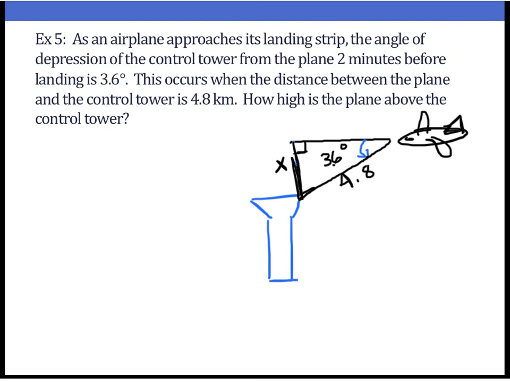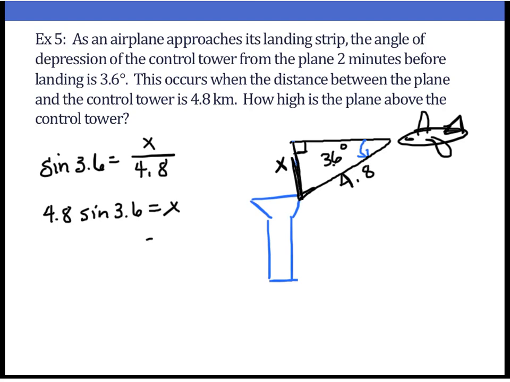So we're going to use sine. So sine 3.6 equals opposite over my hypotenuse. Multiply both sides by 4.8. And when we multiply that all out, we figure out that we are 0.301 kilometers above the control tower.